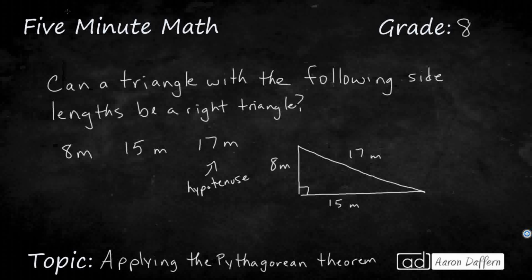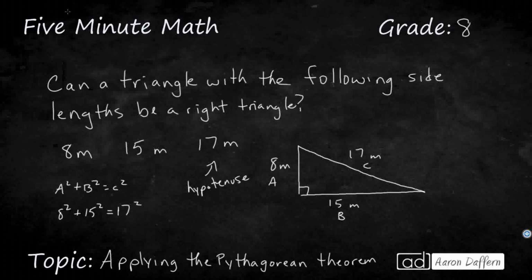Well, you know what we're going to need to use? We're going to need to use the Pythagorean theorem. So we're going to say A squared plus B squared equals C squared. Let's just go ahead and label these for us. That's A, that's B, and that's C. All right, so I've got my 8 squared plus 15 squared equals 17 squared.